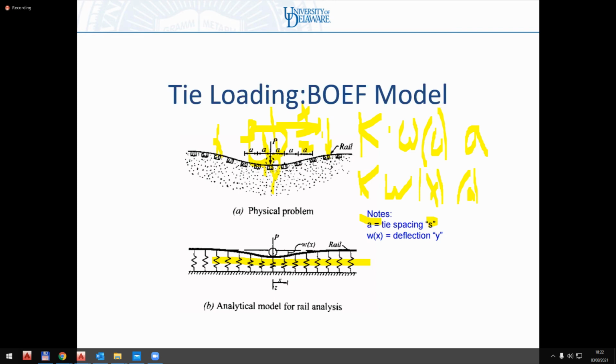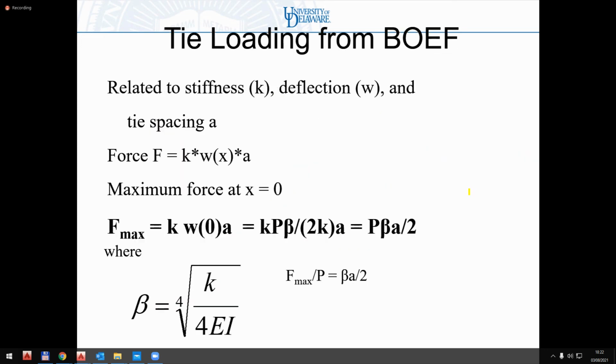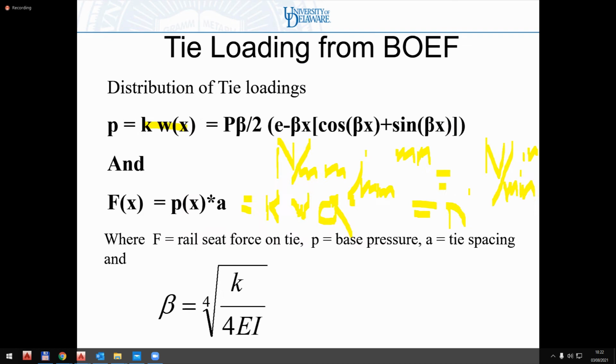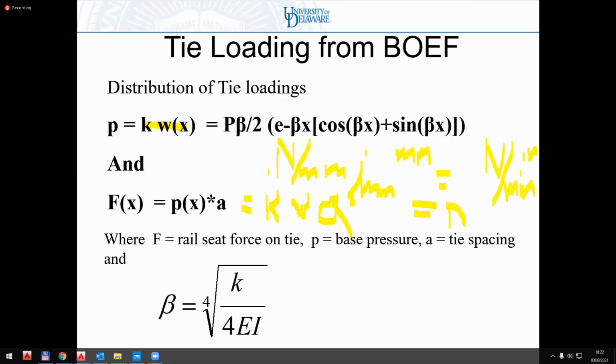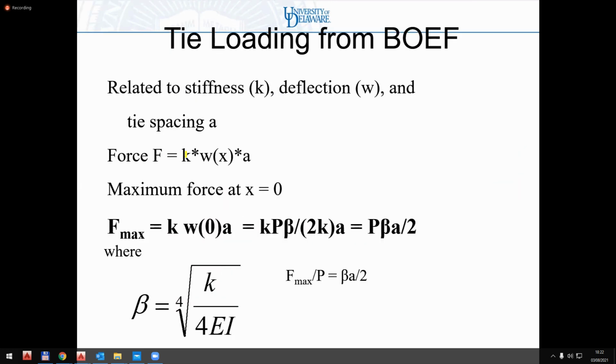So the force on this sleeper would be K times W of 3A times A. So the maximum force on any sleeper given by the wheel is always underneath the wheel at x equals 0, because that's where the maximum deflection is.